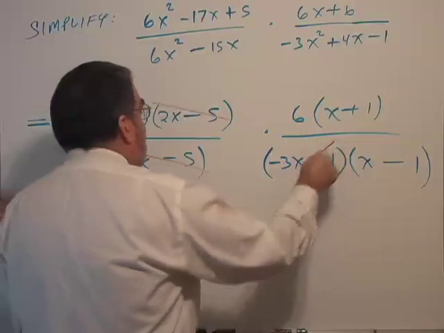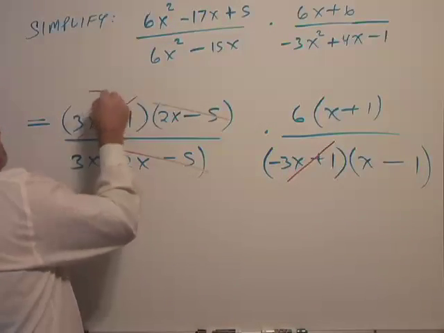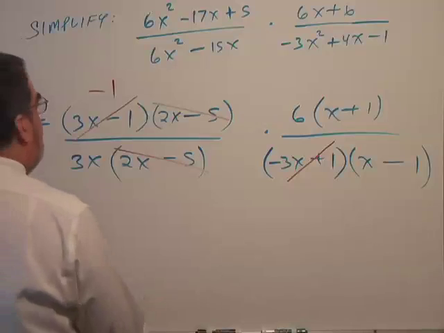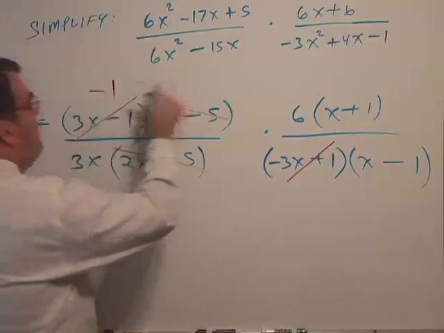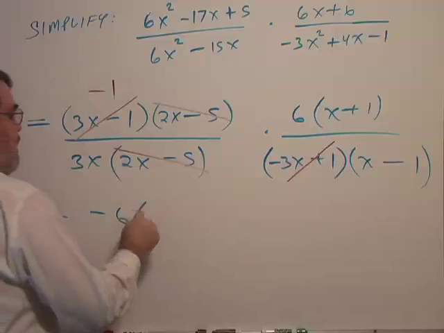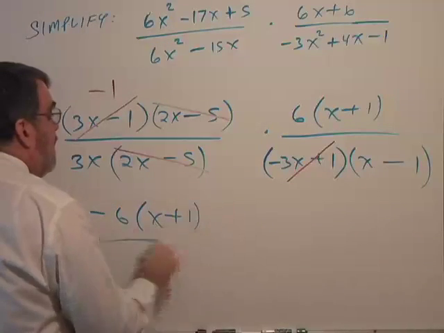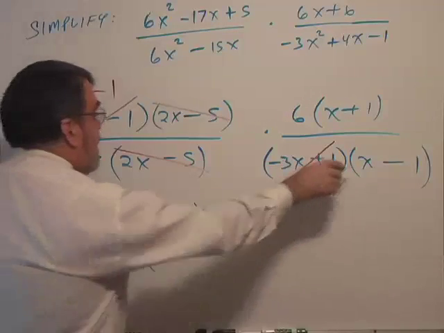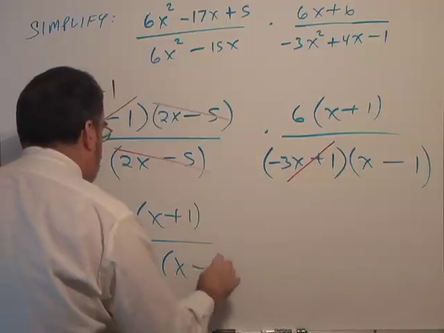So this cancels up here as negative 1. How about that? All right, so let's piece together what's left. I have negative 6 parentheses x plus 1 over 3x times x minus 1.